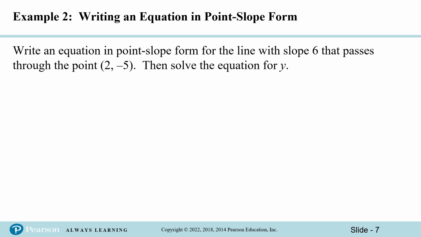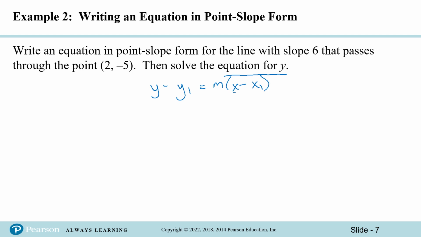Write an equation in point slope form for the line with slope 6. So this one, they did give us the slope, that passes through the point, and then solve for y. Okay, so we are going to use point slope form, y minus y sub 1 equals m times x minus x sub 1.